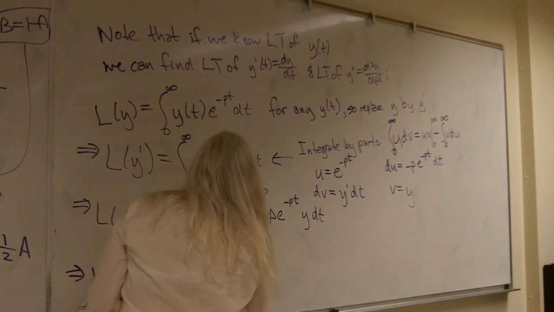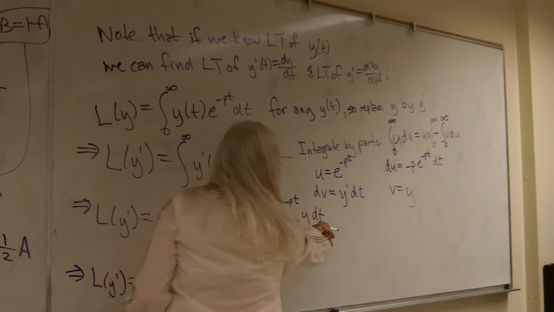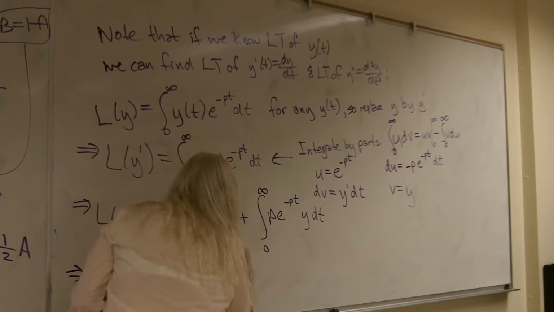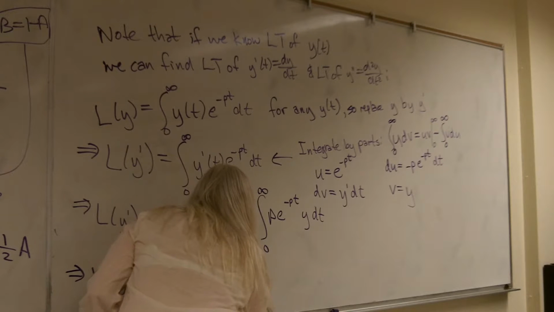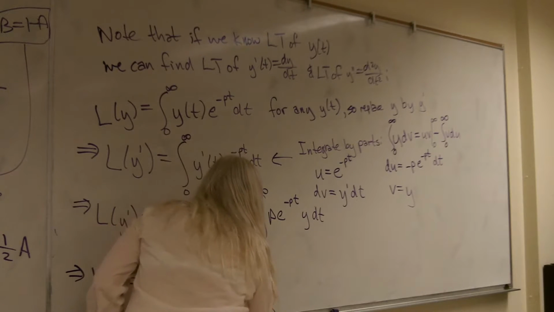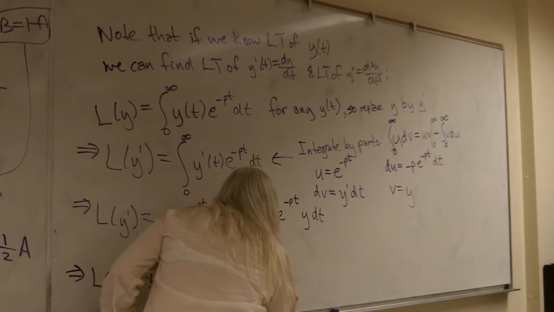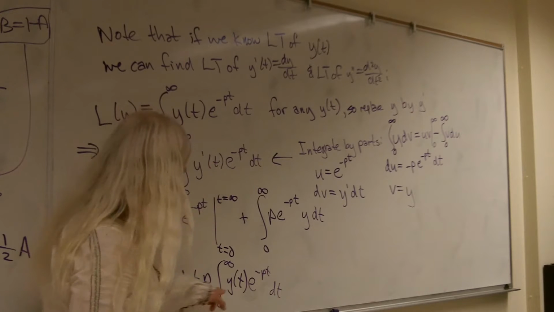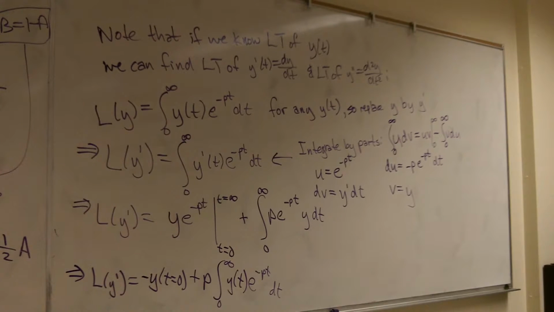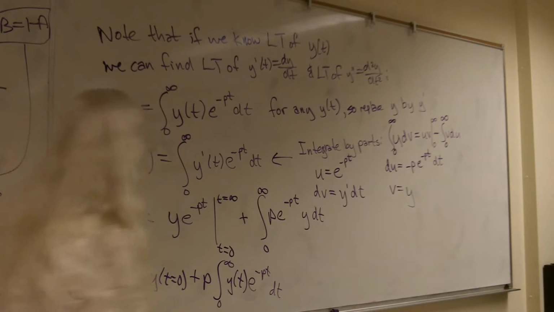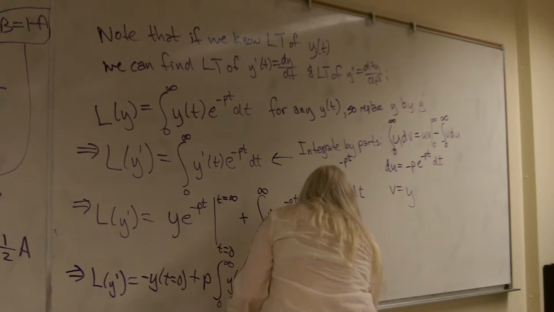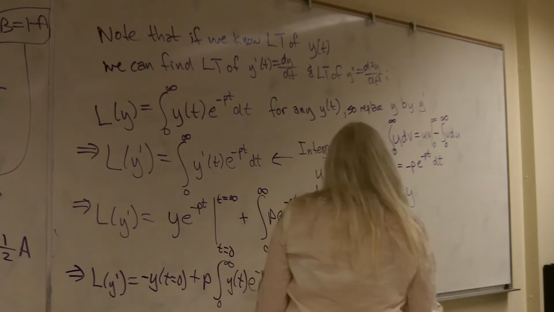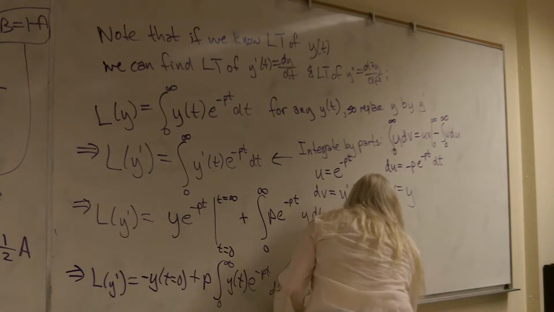In the second term, the p can be pulled out in front, right? We're integrating over t, not p, so p is like a constant here. And remember, y is a function of t, so I'm going to remind us that it's a function of t here. Well, this integral is just by definition the Laplace transform of y. Right? So in other words, the Laplace transform of y prime is equal to minus, I'll call it y naught, right?